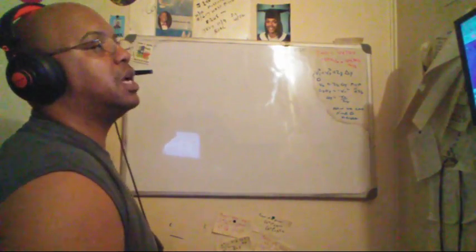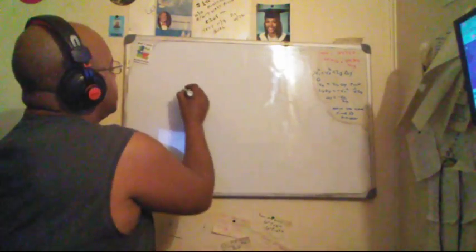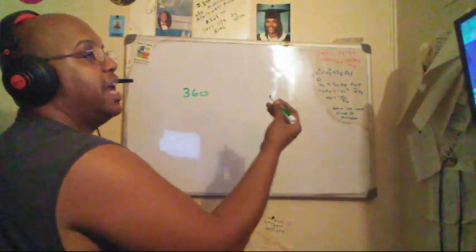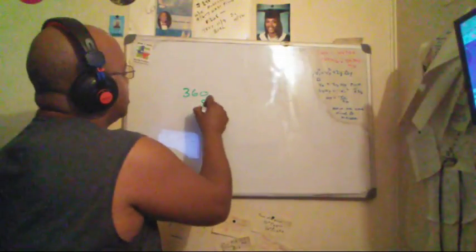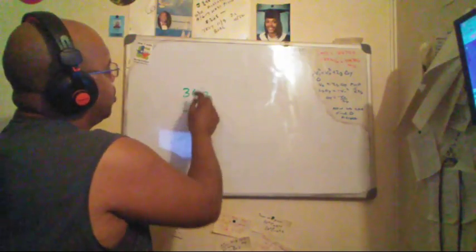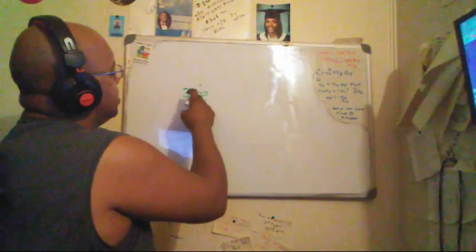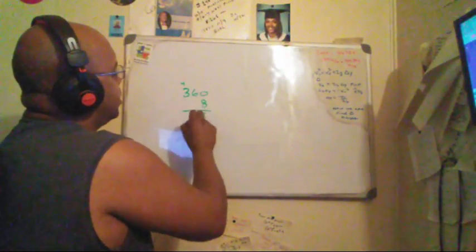So 3 workers assembled 360 switches per hour. All right, so let's just look at that. 360 switches per hour, right? So in an 8-hour shift, which it asks later, we're just going to multiply by 8. Do I need to deal with that 0? No. 8 times 6 is 48, and 8 times 3 is 24.